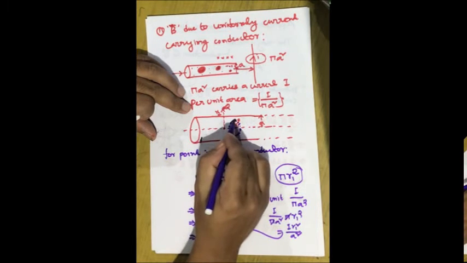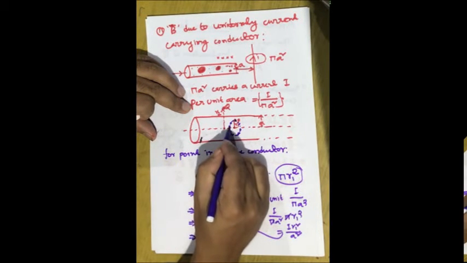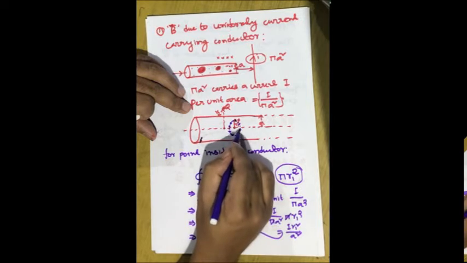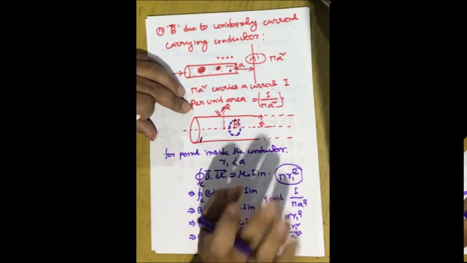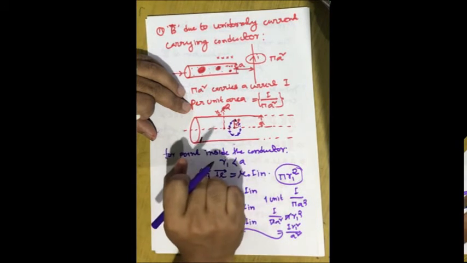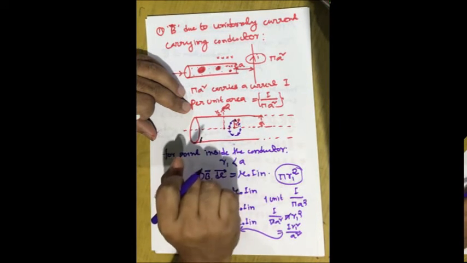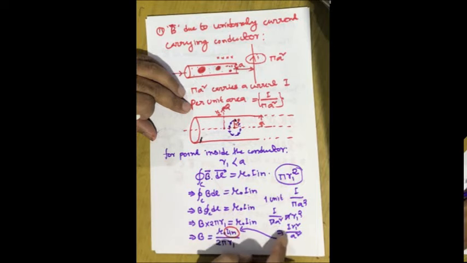If we take the point P here, then at any point on this Ampere's loop the value of the magnetic field will be the same, because of the symmetry of the arrangement. So we are going to put this value here.